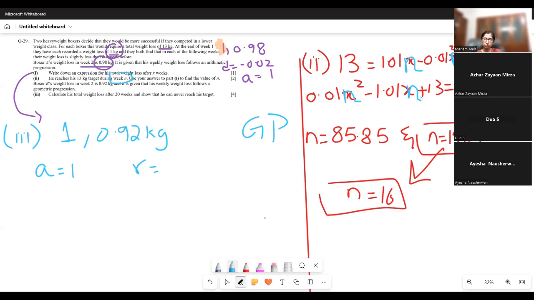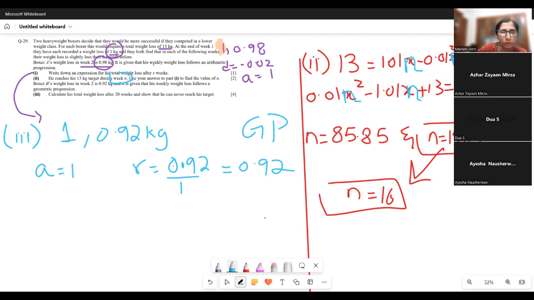No, sorry. What is the formula for r? It will be 0.92. The formula for r is next term over previous term. So 0.92 over 1, so r is 0.92. Anyway, what do we multiply 1 by to get the next term 0.92? It's 0.92.